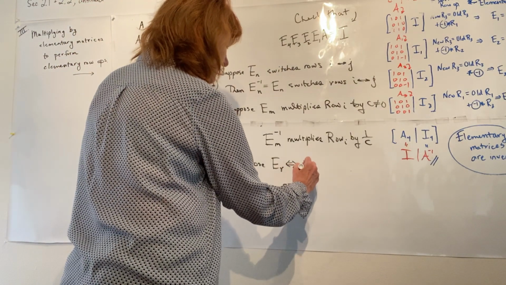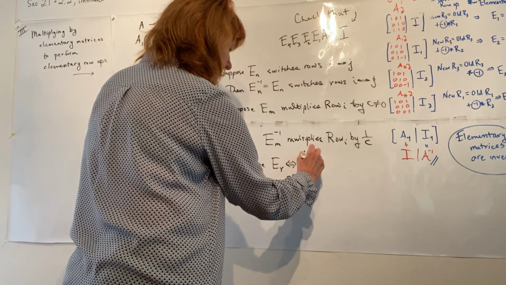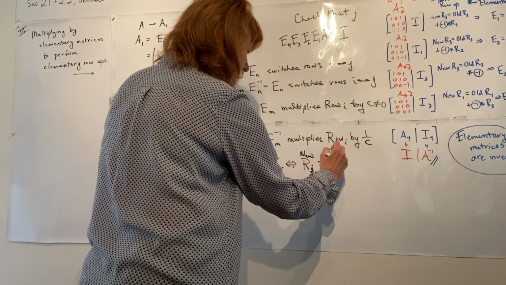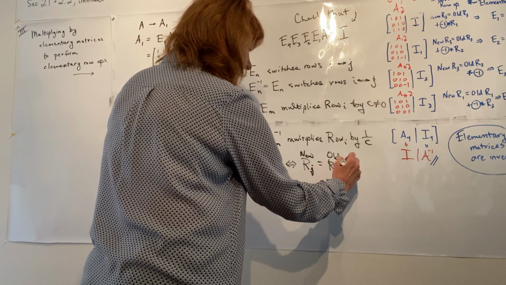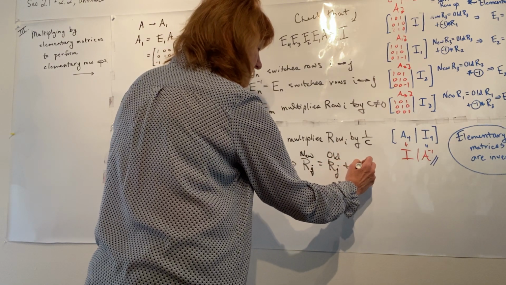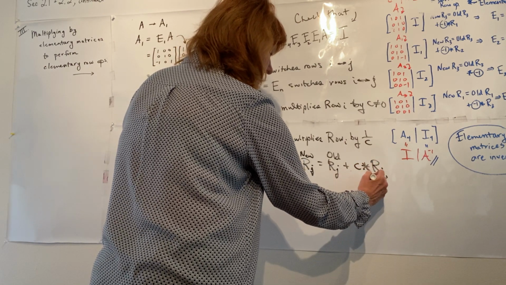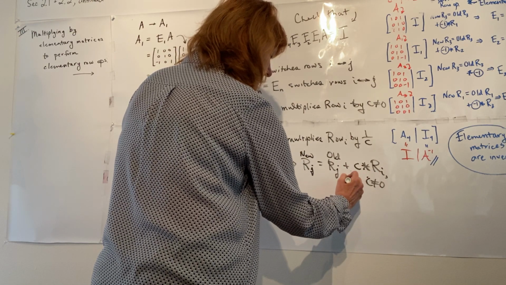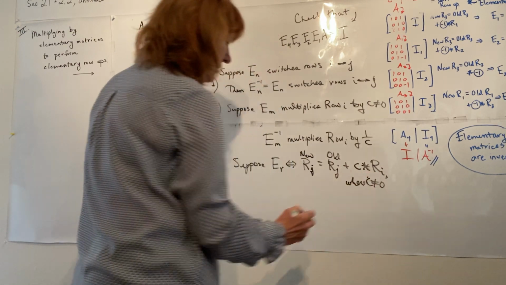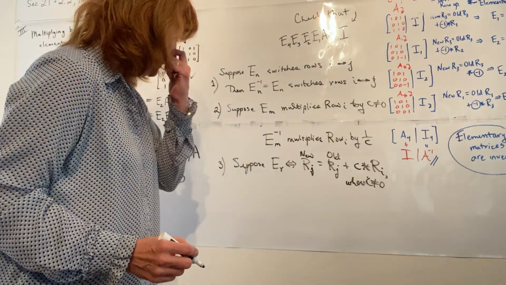Suppose that's equivalent to new row J equals old row J plus some C times row I, where C does not equal 0. Okay, so that's the most intricate type of row operation.